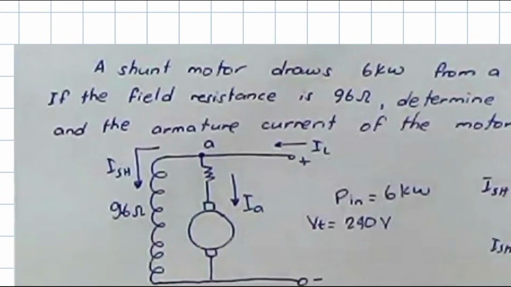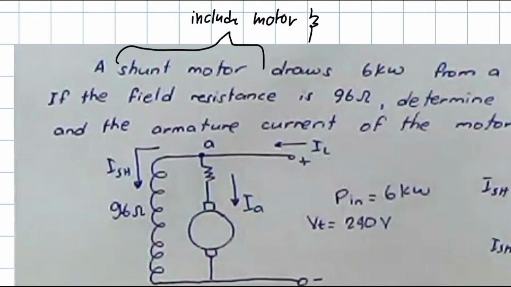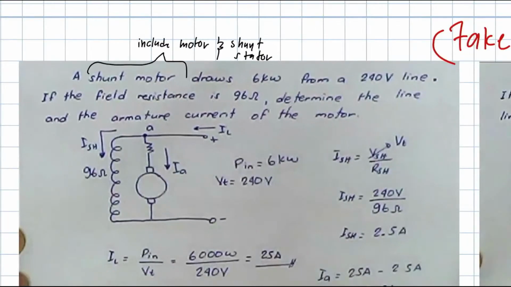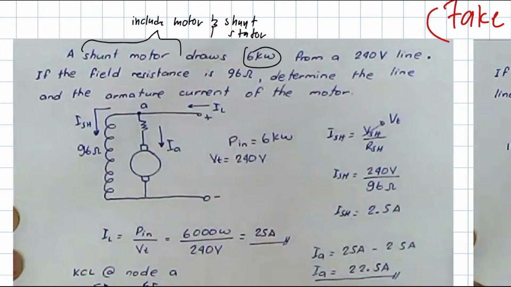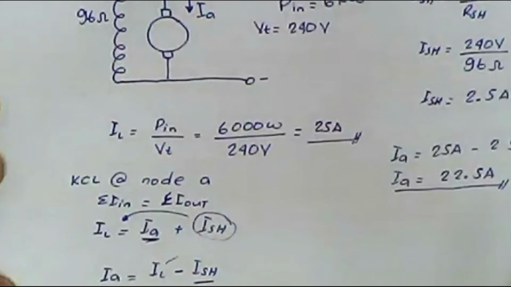Shunt motor ni include motor plus motor and shunt. Okay, so it's 6 kilowatts.